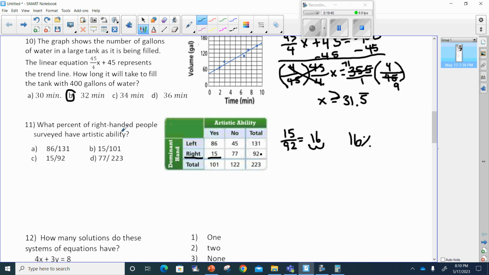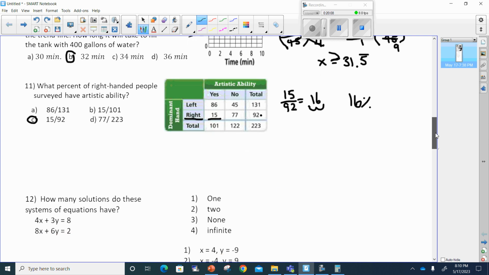Dominant hand. Let's see, what percent of right-handed people, right, have artistic ability? 15 out of 92 total people. So it said what percent? Well, 15 over 92 was listed here. I don't know why they asked me for the percent, but it looks like the fraction was good enough.